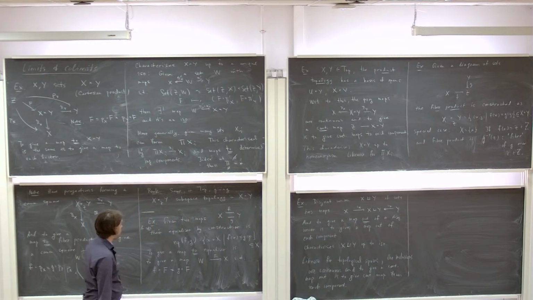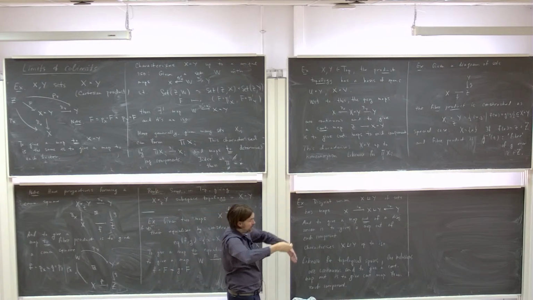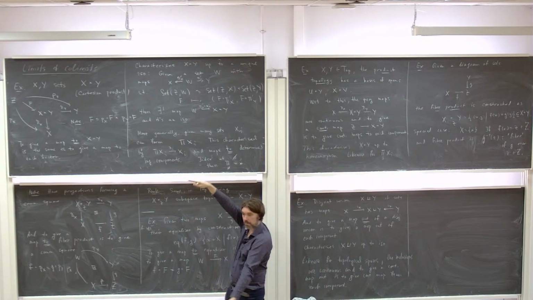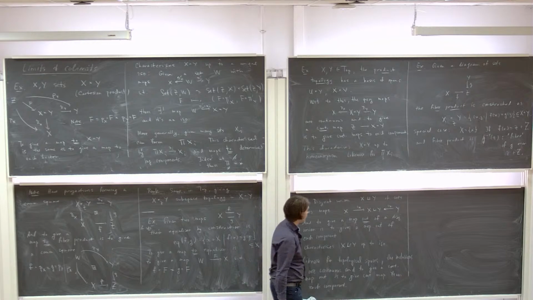So now I want to give the dual notion. So instead of drawing a diagram like that with two things coming in, I'm going to draw a diagram like this with two things coming out.